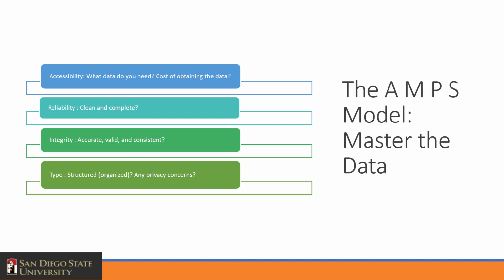Is it organized? And are there any privacy concerns? Like, this is private data, so we have to buy it or something like that. So the second step, master the data, is to understand the four main things I listed here: data accessibility, data reliability, data integrity, and data type.